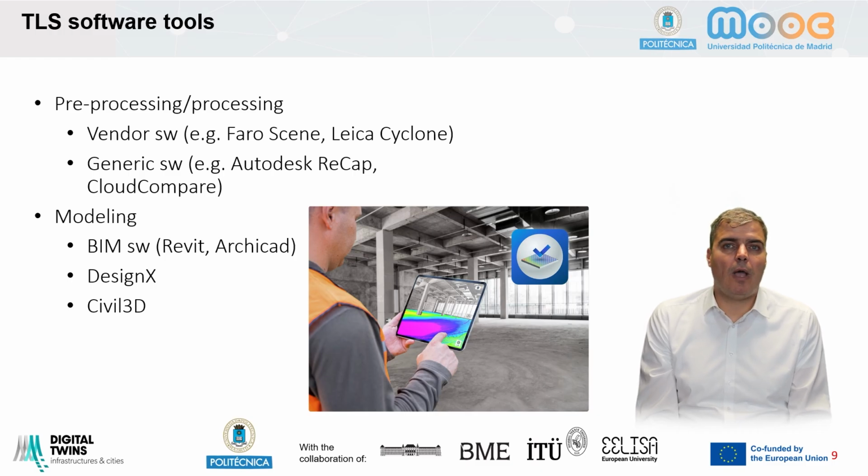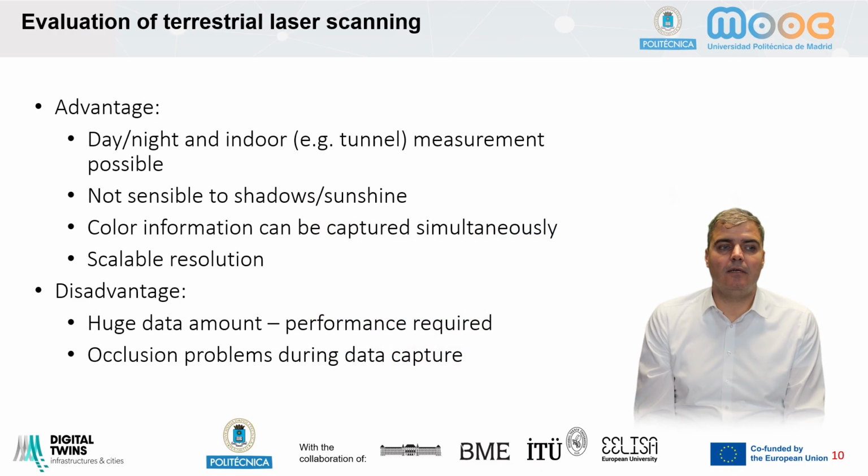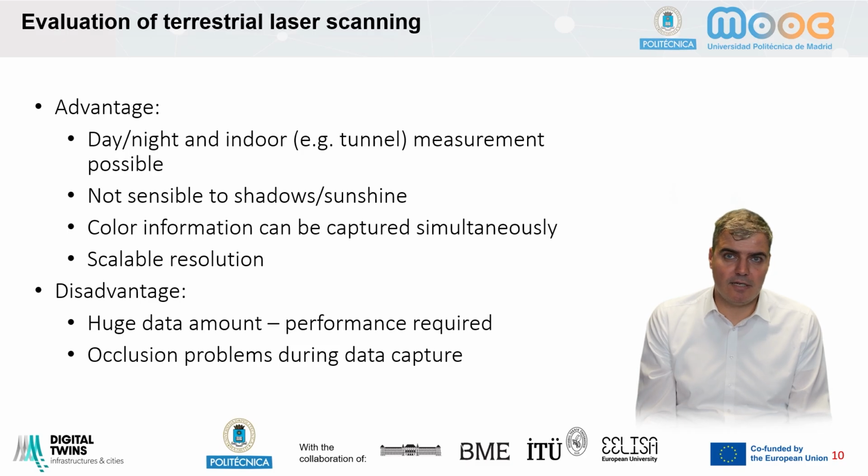Okay, if you want to evaluate the terrestrial laser scanning technology, the main advantages are that they work day and night and for indoor measurement. Obviously, we don't want to work at night, but still, we don't capture reflected light; we are emitting a laser signal and capturing its reflection.